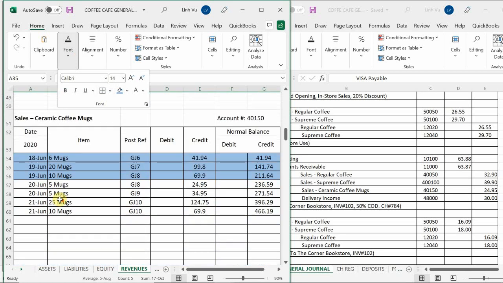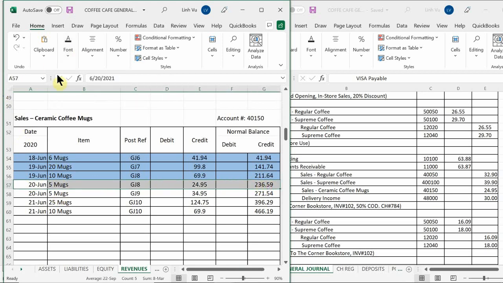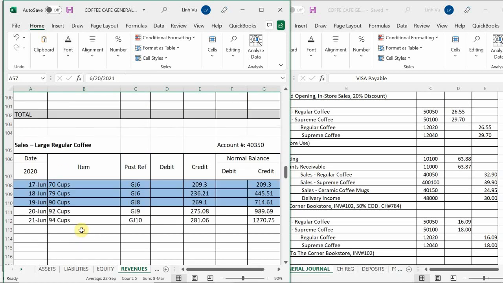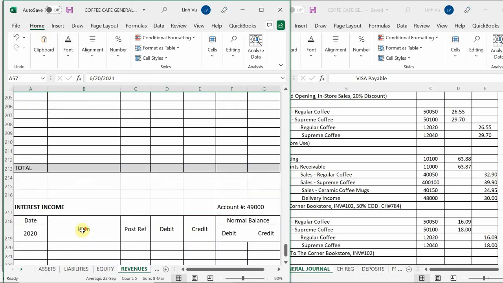And our coffee mugs we sold 24. Okay, 24.95. There you go. That is correct too. Okay. And then we have a delivery income.